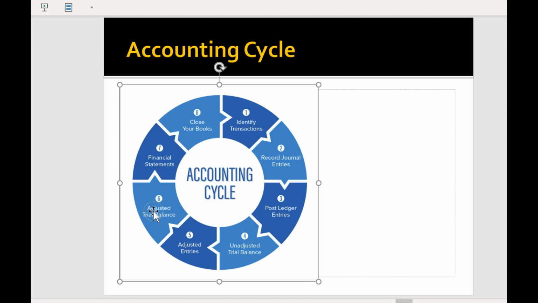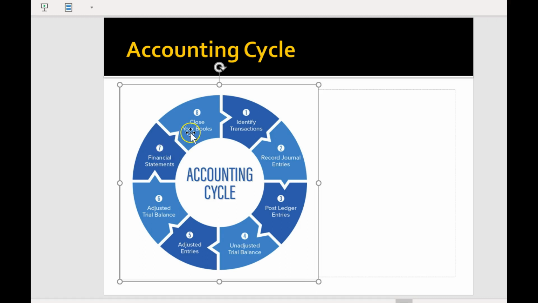So if the debit side and credit side of the trial balance are equal, we are basically all set. And then we prepare financial statements based on the adjusted trial balance. We prepare the income statement, statement of retained earnings, and the balance sheet.